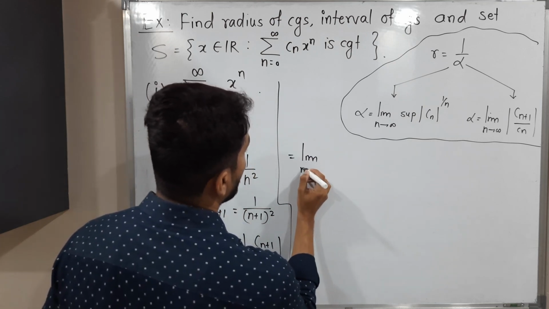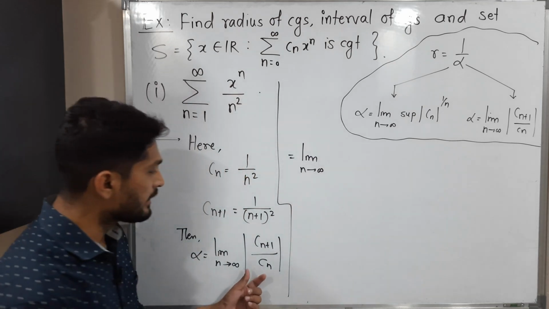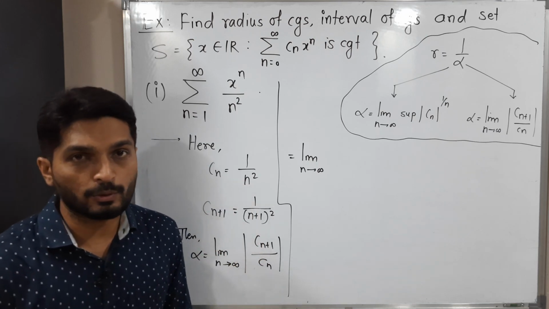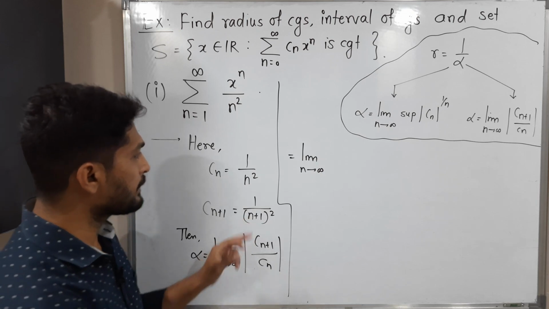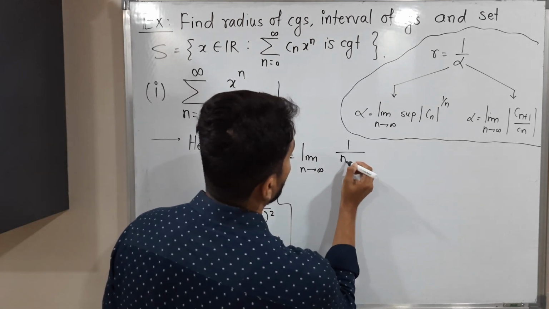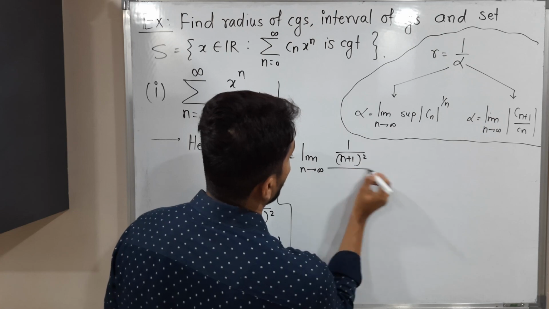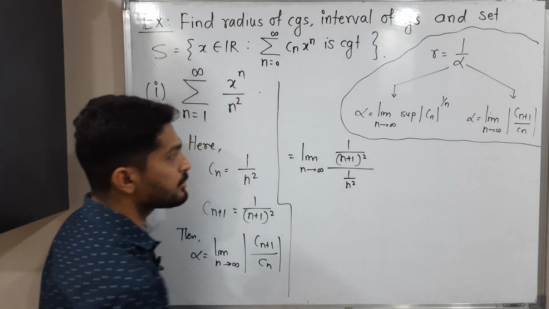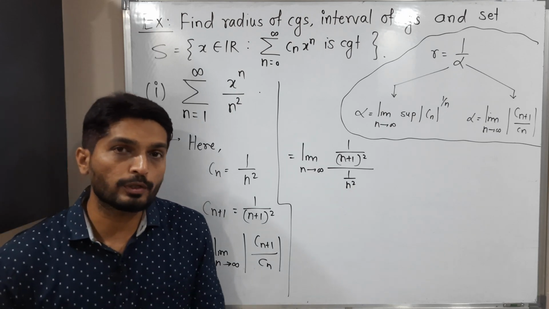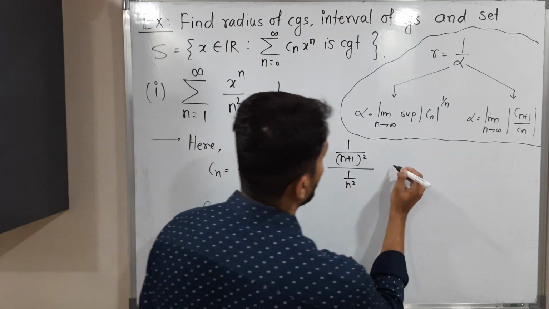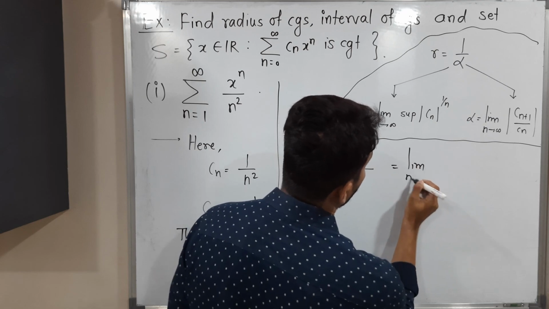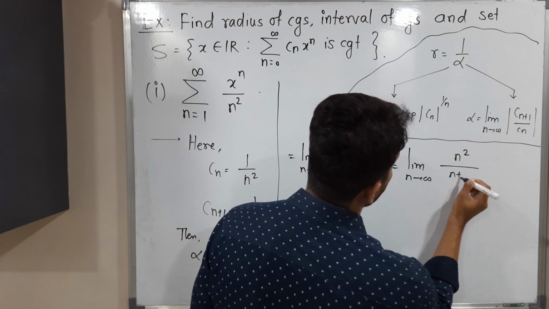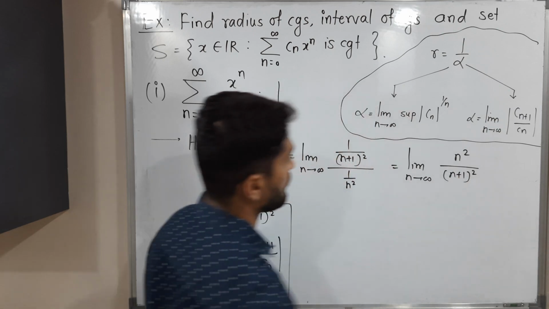There is no need to apply mod since we have squares here and those cannot be negative, so I will remove mod. Cn plus 1 is 1 upon n plus 1 square, upon Cn which is 1 by n square. That n square is in the denominator of the denominator, so it will go to the numerator and we will have limit n tends to infinity n square upon n plus 1 whole square.